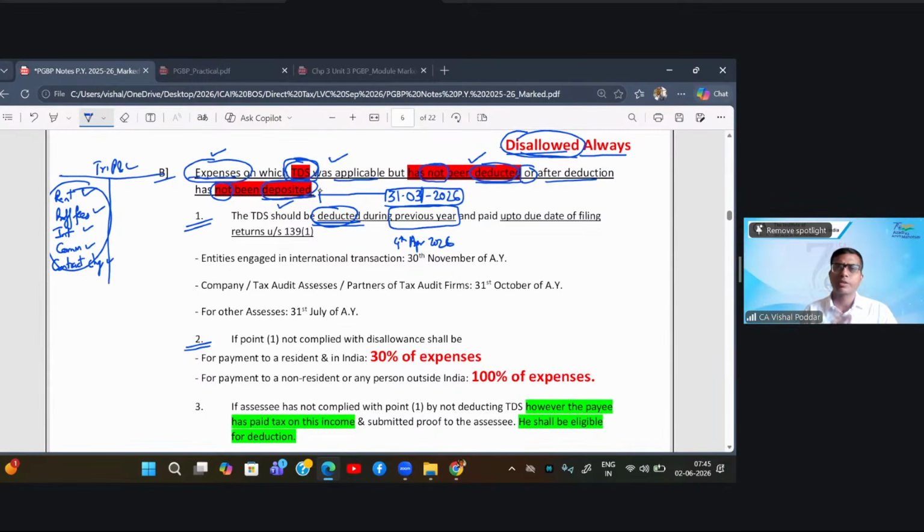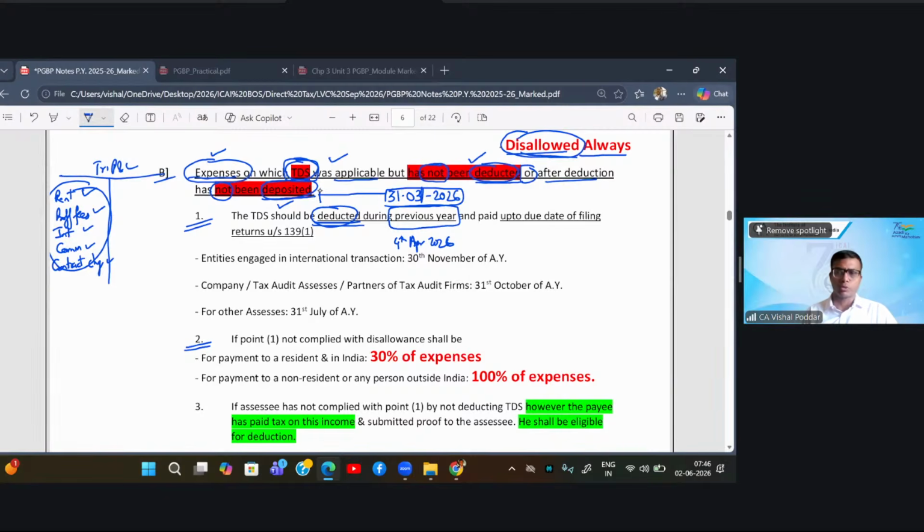When you read this in the adjustment, you get an impression that okay, TDS is deducted, so the condition is complied. Sorry, the condition is not complied. Why? Because as per PGBP provisions, this TDS was supposed to be deducted up to the end of the previous year, that is maximum up to 31st March 26. You deducted TDS, but you deducted it later. So technically, you have not satisfied this restriction. I should not give you the deduction.